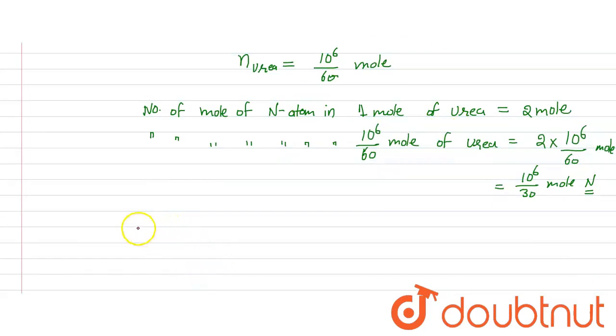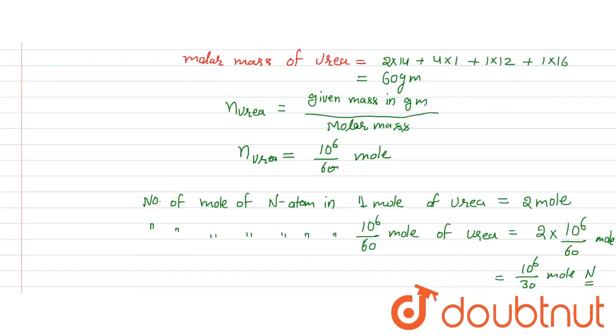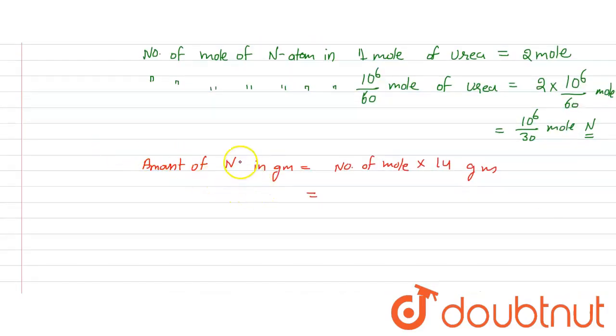Then after that, calculate the amount in gram. So the amount of nitrogen in gram is equal to the number of moles into 14 gram, because 14 is the molar mass of the nitrogen atom.